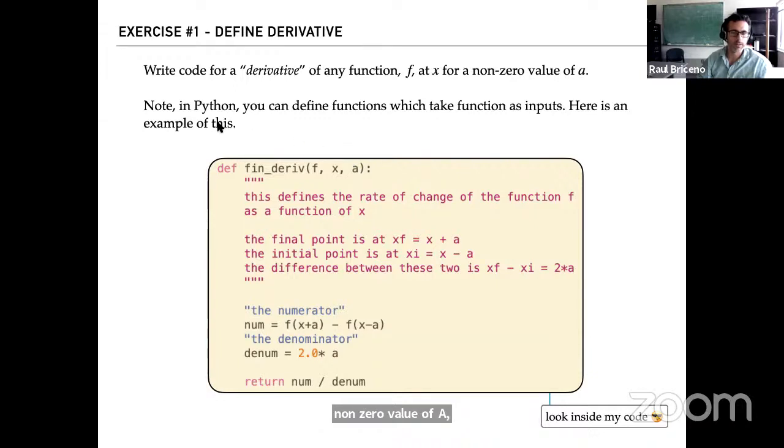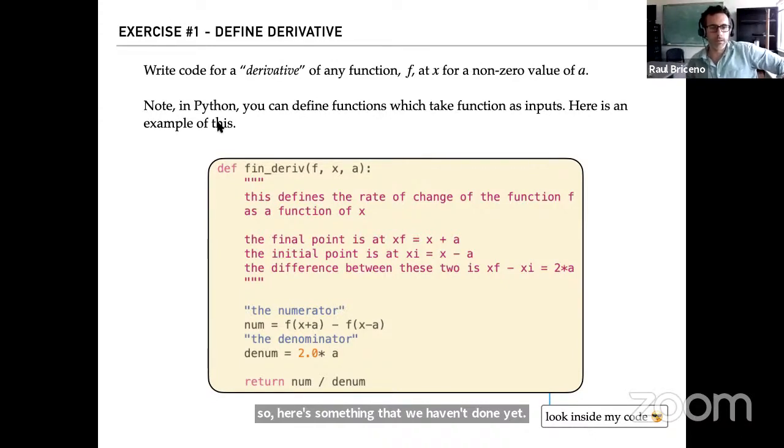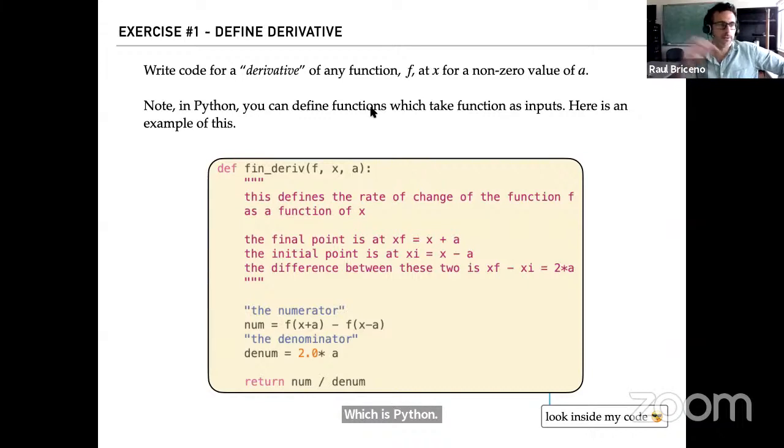So here's something that we haven't done yet, which is in Python, and most, if not all, programming languages allow you to define functions which take functions as an input. And so here's an example of this.